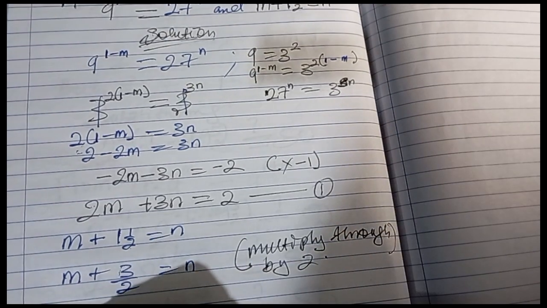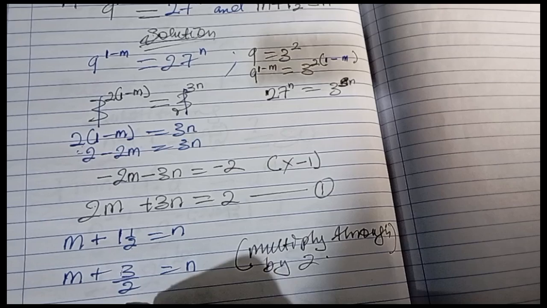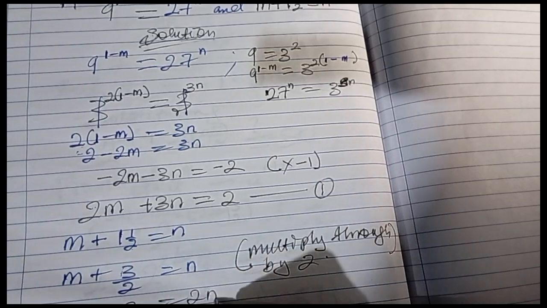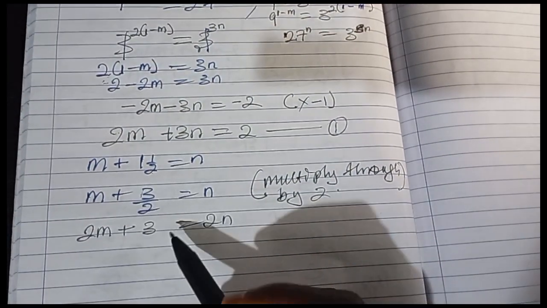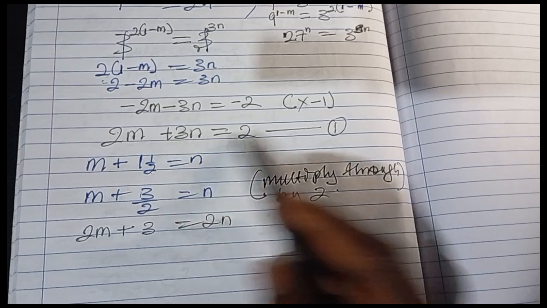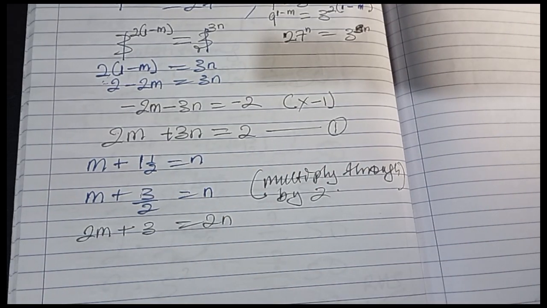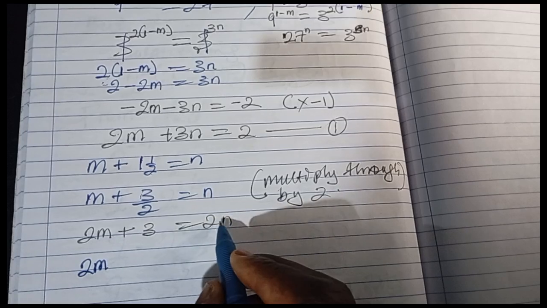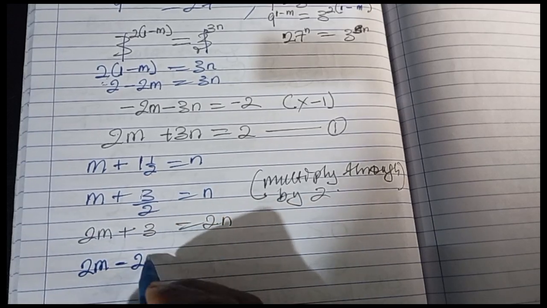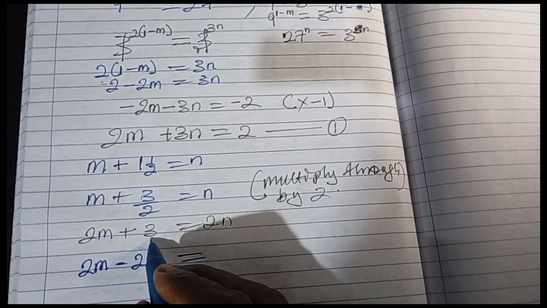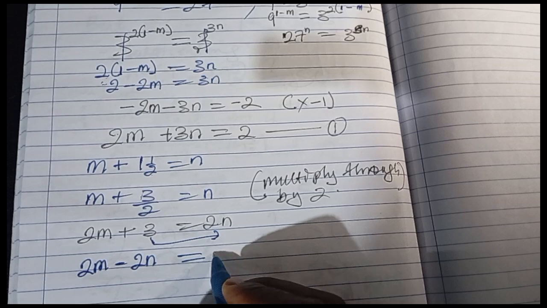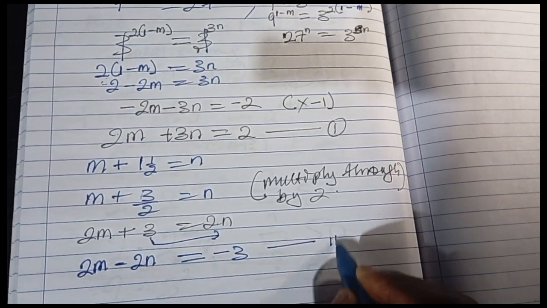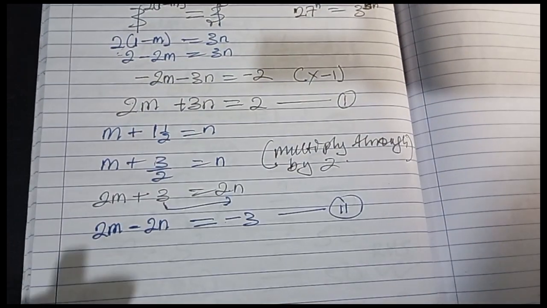So I will have 2m plus 3 equals 2n. So let's also arrange it to form this way so that we can have simultaneous equations. We now have 2m minus 2n equals minus 3, positive 3 crossing, you have minus 3. So this is our equation 2.